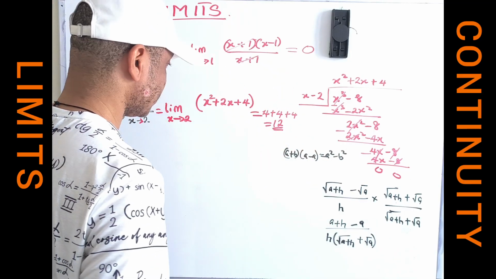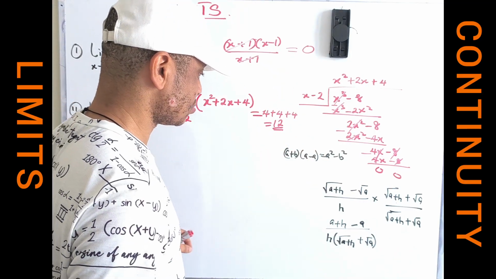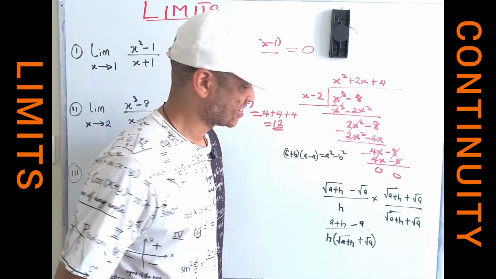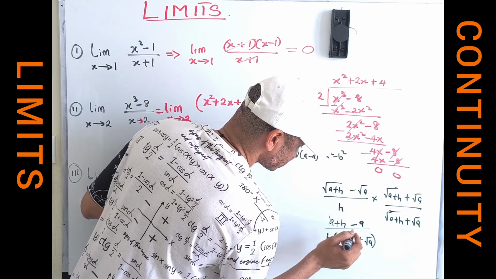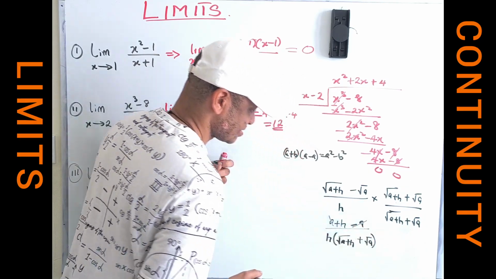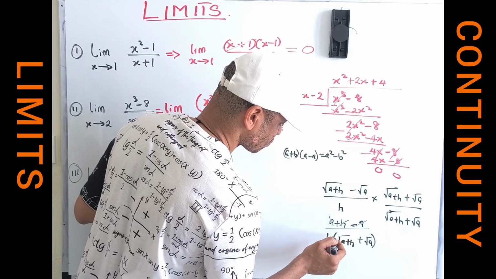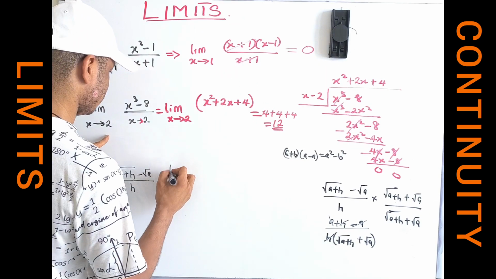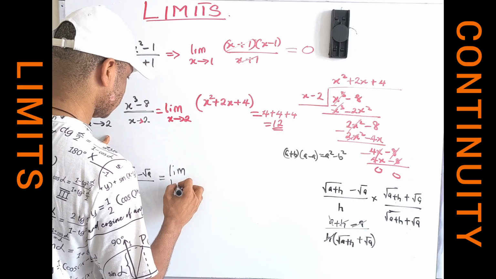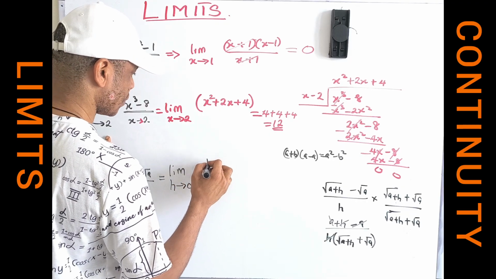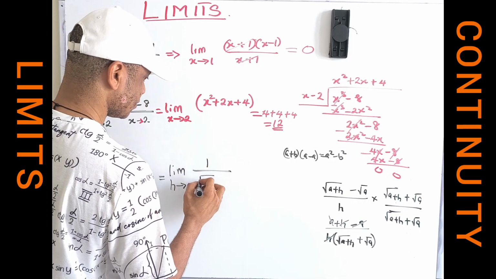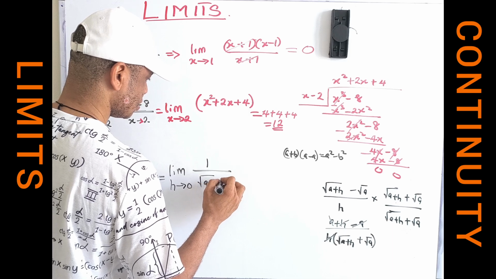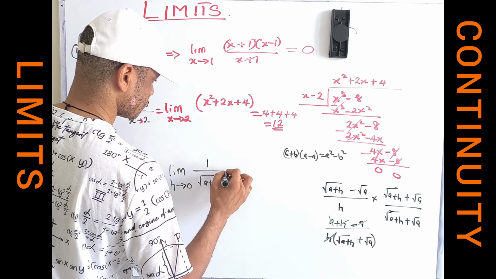All right, so remember we need h to tend to 0. So you can see this will cancel this, and h will cancel h. So I will only have the limit as h tends to 0 of 1 over square root of a plus h plus square root of a.